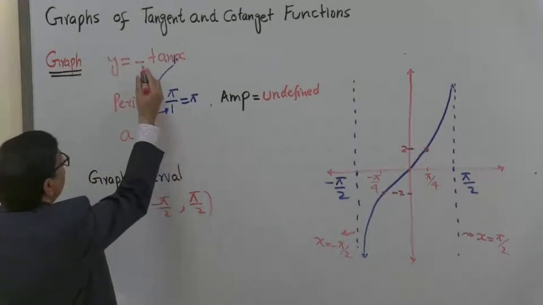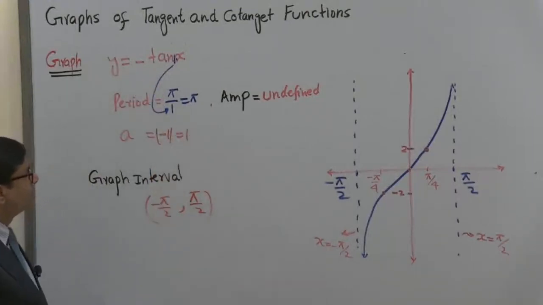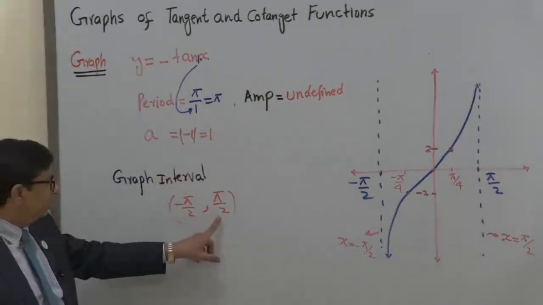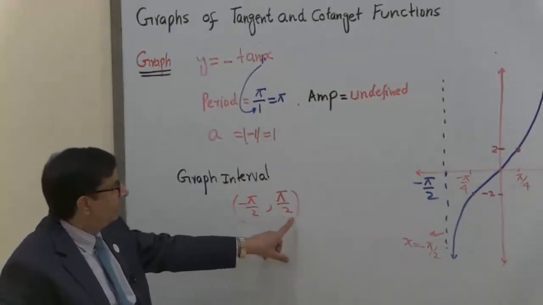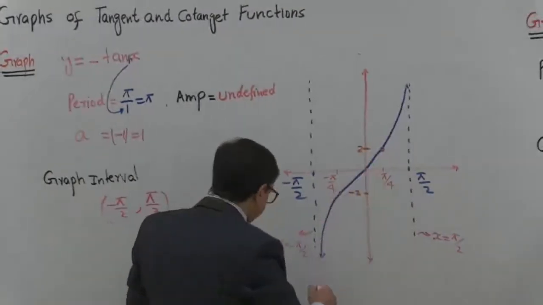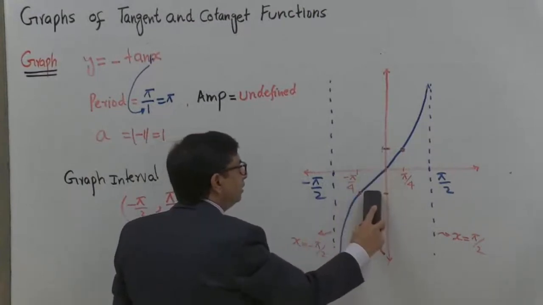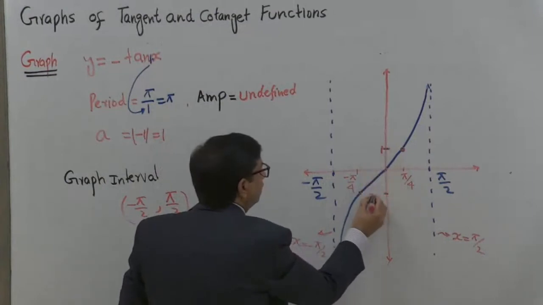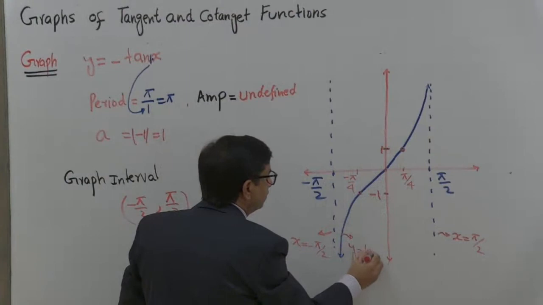A will be negative 1, absolute, you can say 1. Because period is pi, our interval is going to be negative pi over 2 to pi over 2. For graphing it, we graph in the same way. Only change will happen where? At this point. This is 1, negative 1, and this is the graph y equals tangent x.